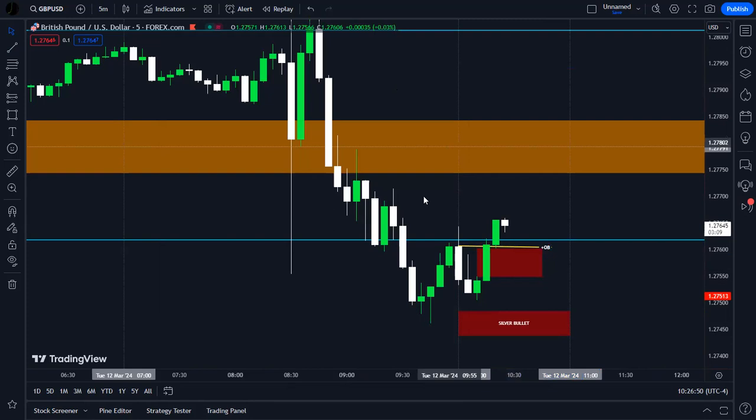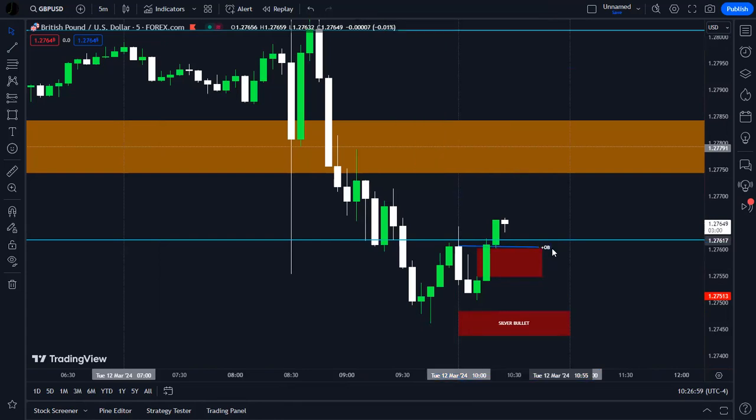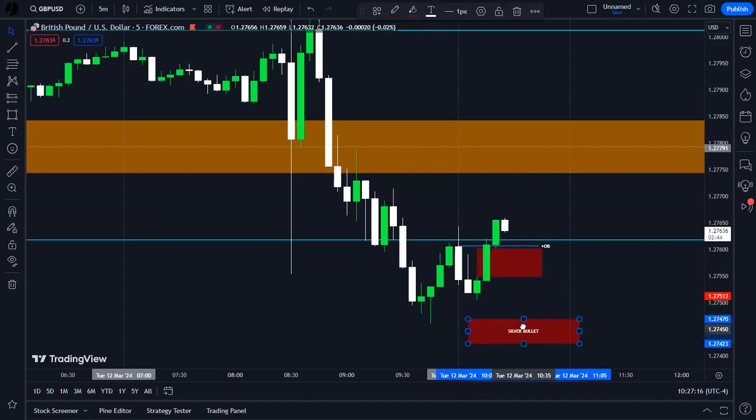I love my liquidities. I mean my order blocks below. So yeah, right there. So in silver bullet time window, a setup has just formed.